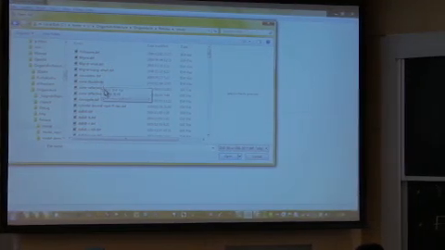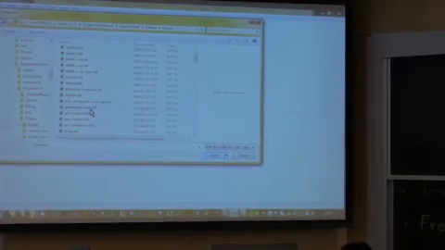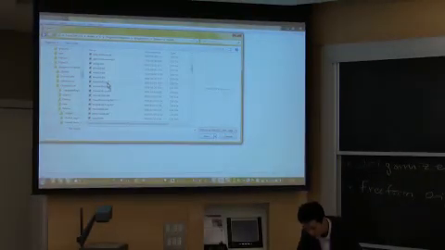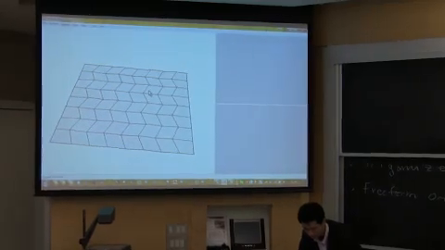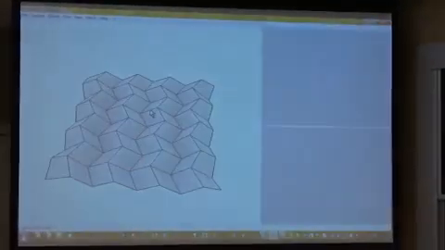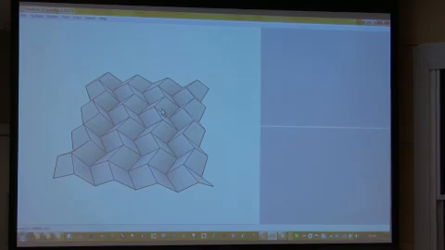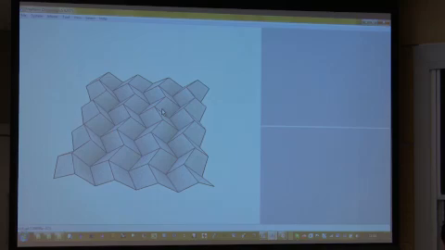This is good because you can interact with the geometry of origami to find some new results. So it's more similar to when you design with paper, like when you interact with real material.